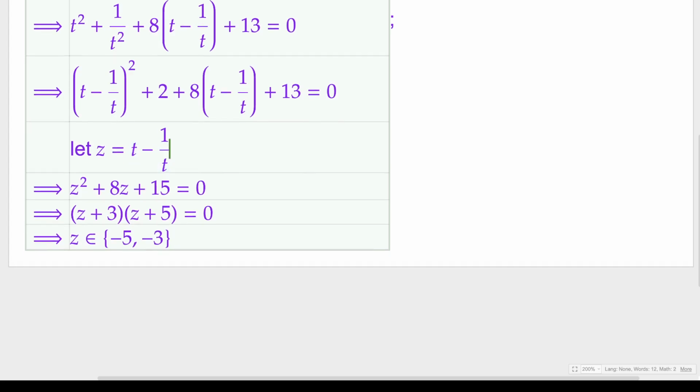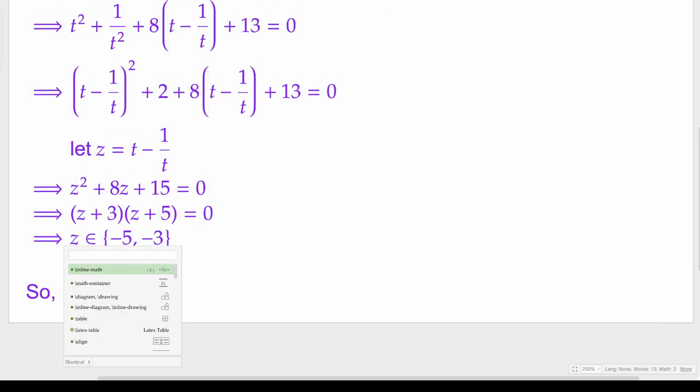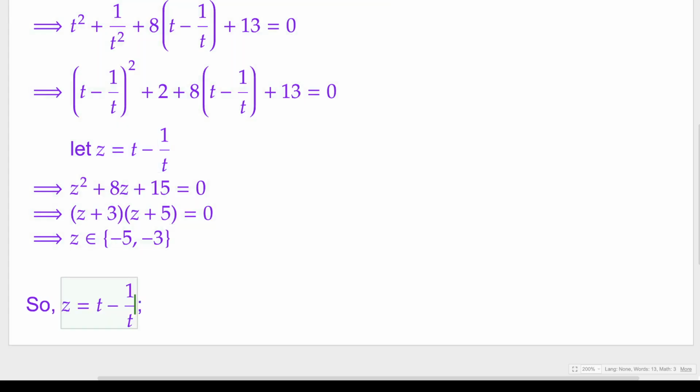Now we'll back substitute the value of z with this expression. So t minus 1 over t, in this assumption I'll substitute z first with negative 3, and then with negative 5.